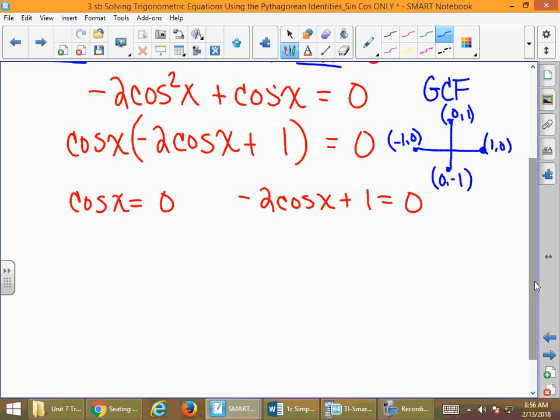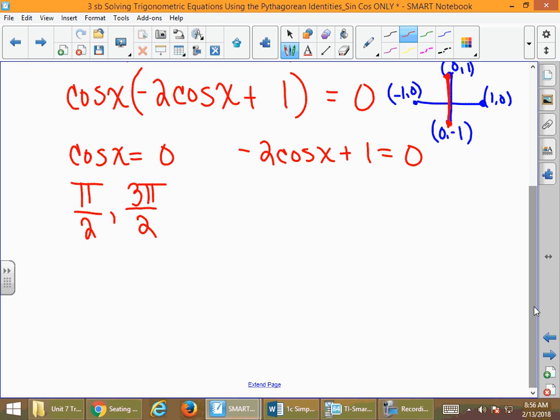Pi over 2 and 3 pi over 2. The x value's there. But can we connect those 2 points with a straight line? And we can. So it's going to be pi over 2 plus pi k, because we can connect with that straight line. Again, we're writing this in terms of the general form.